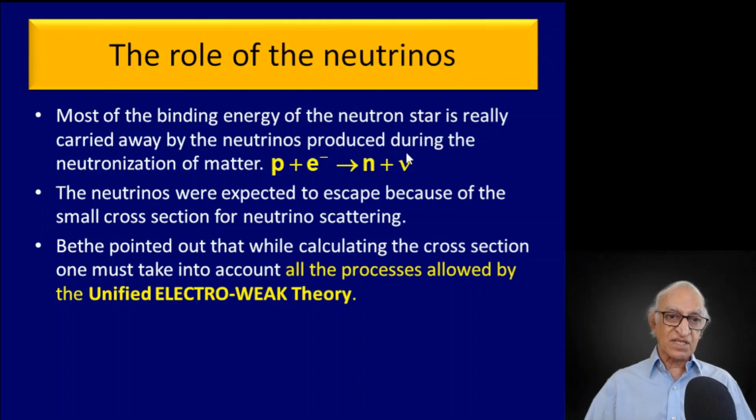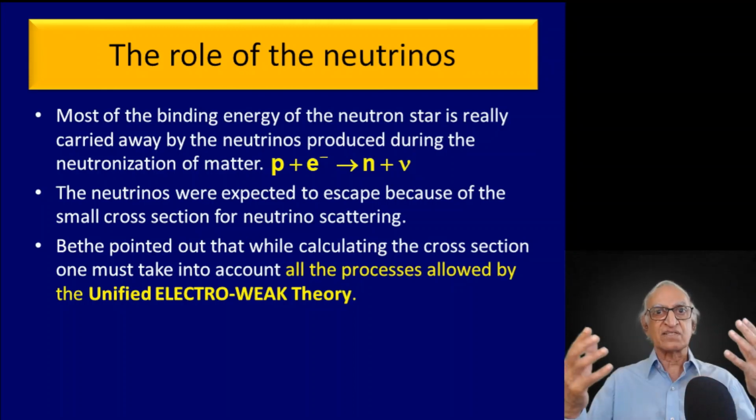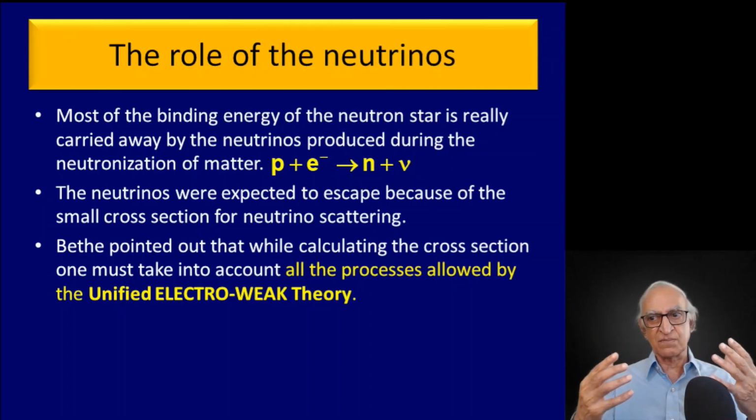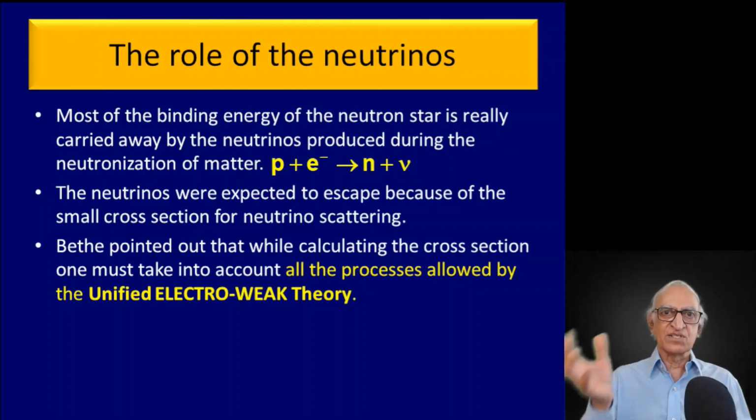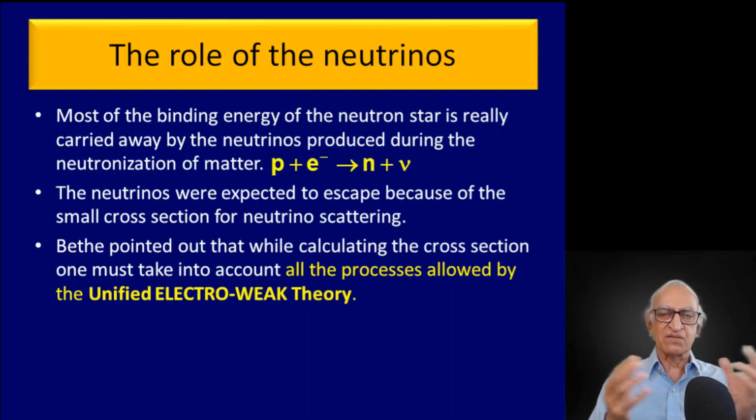Now, this neutrino in Fermi's theory had a certain cross-section for interaction with ordinary matter. But what Hans Bethe pointed out is that you shouldn't be using Fermi's theory of beta decay. You should be using the theory of Salam, Weinberg, and Glashow, which is electroweak theory, a unified theory which incorporates both electromagnetism as well as weak interactions.